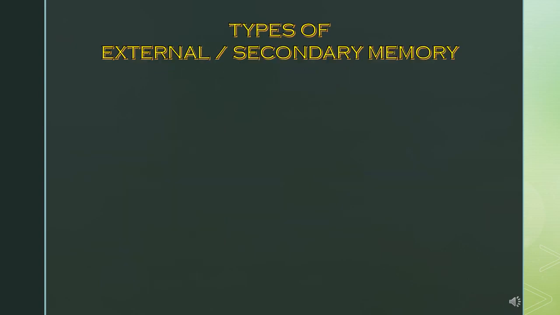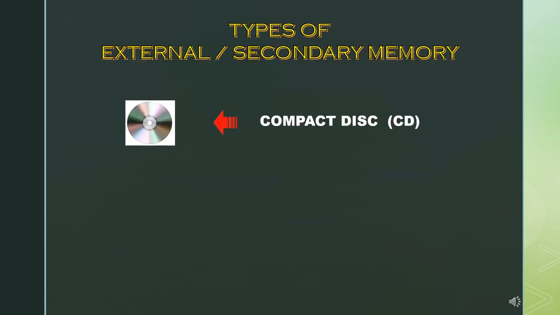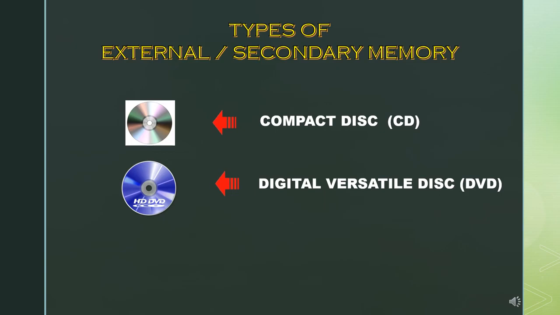The next example is the compact disk, also called CD. It is thin and shiny and can store data up to 700 MB and measures 4.7 inches in diameter. The next is digital versatile disk, commonly called DVD. It is used for data storage and for recording movies with high video and sound quality.